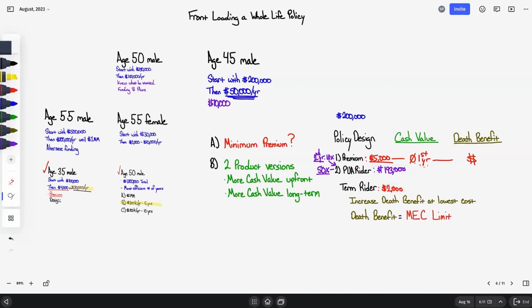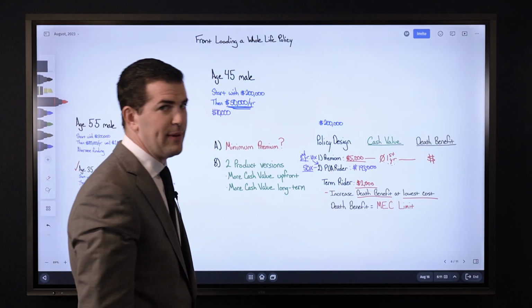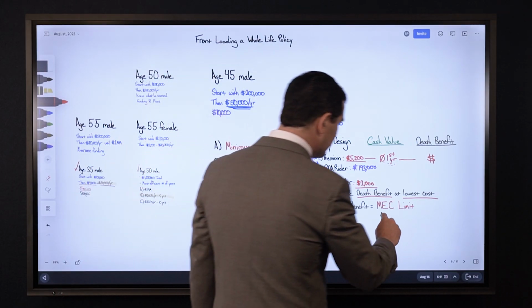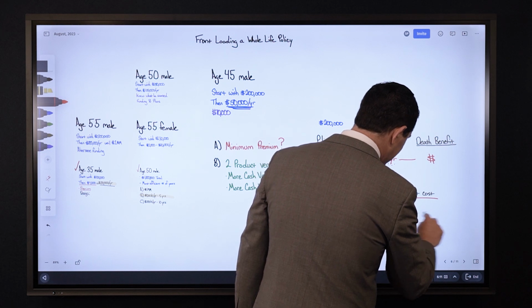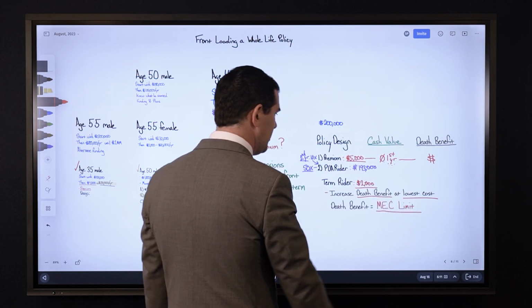Now the term insurance rider, the purpose of this, sometimes people ask, what do I need a term insurance rider attached for? Because now I'm spending an extra $2,000 on this policy because we have a lot of term attached to this one. The reason why we attach it is because it increases the death benefit at the lowest possible cost. The death benefit has a direct relationship to this MEC limit.